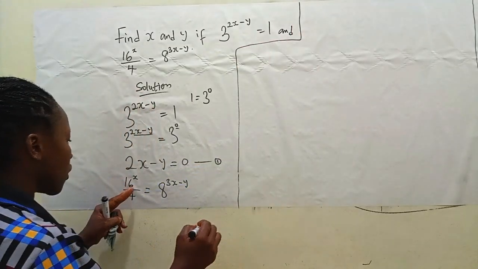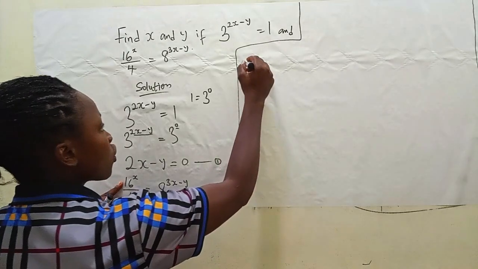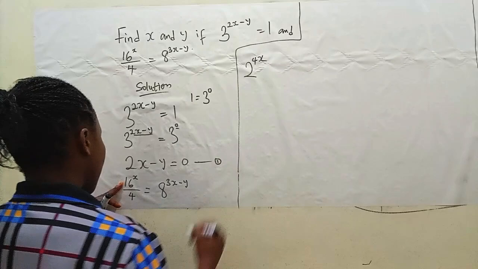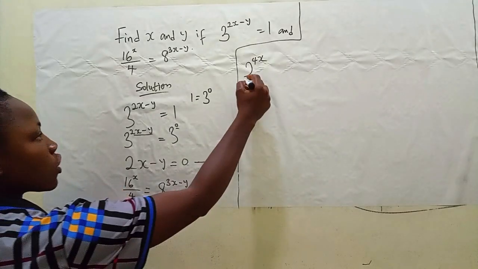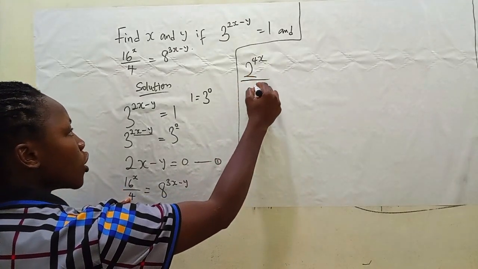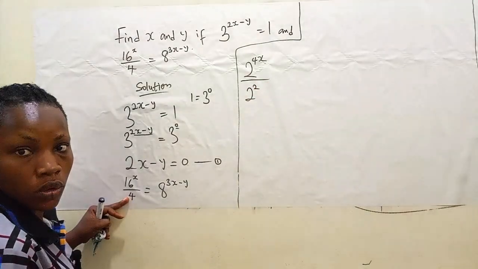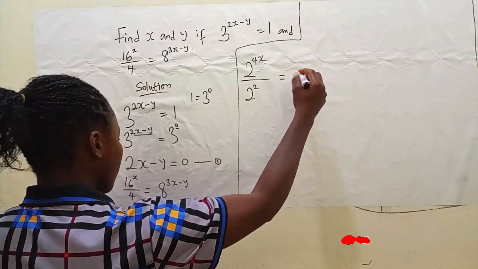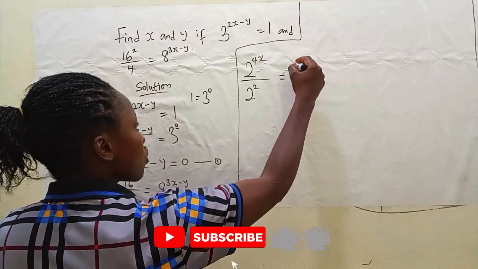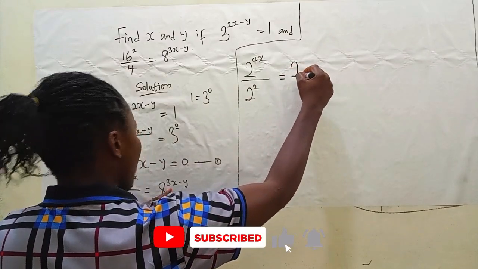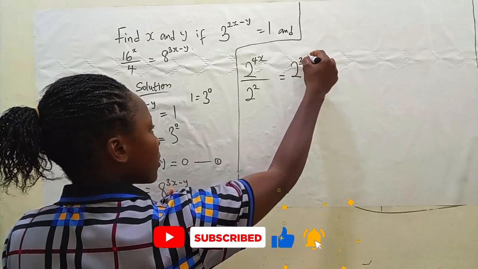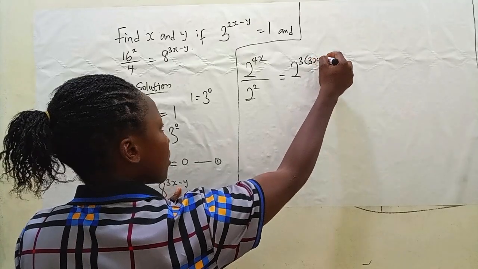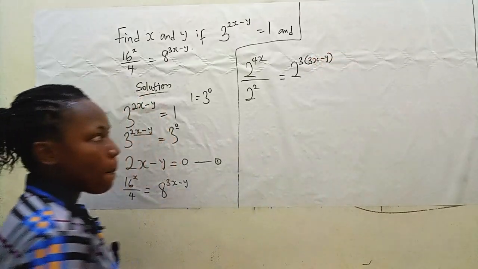Okay, it's going to give us 2 raised to power 4x, while this one is going to give us 2 raised to power 2. Alright, then for this, we are going to have 2 raised to power 3, then 3x minus y.